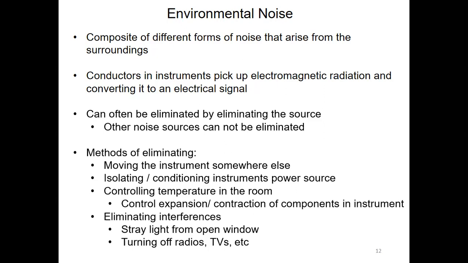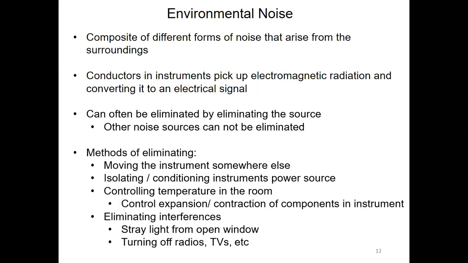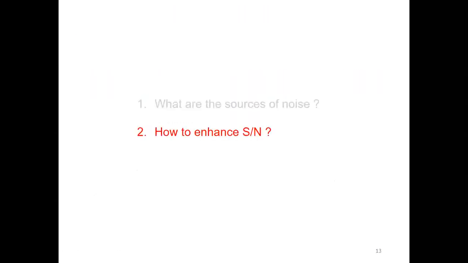So we should keep stray light away from the open window. It is better to have a dark room, which does not have any stray light or direct sunlight. Right? So that is the environmental noise.